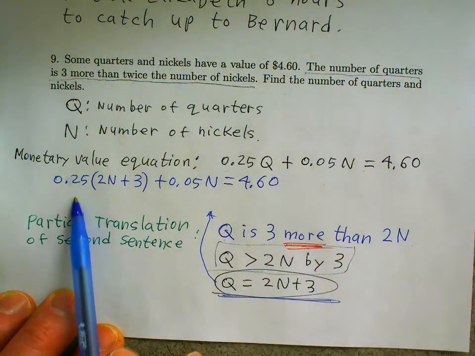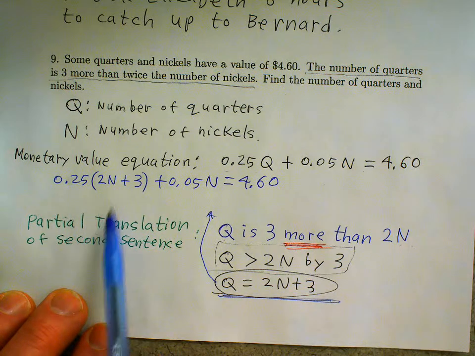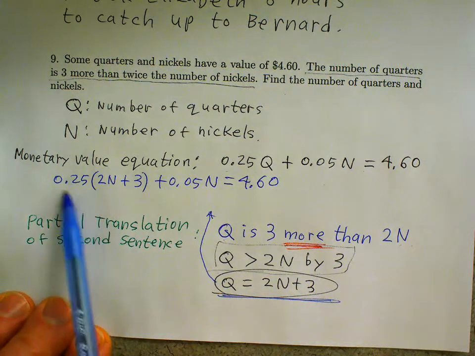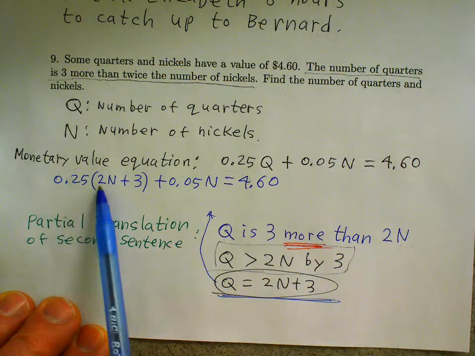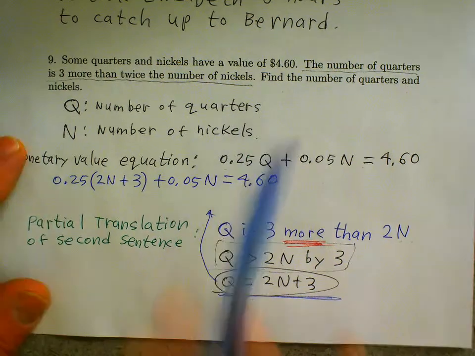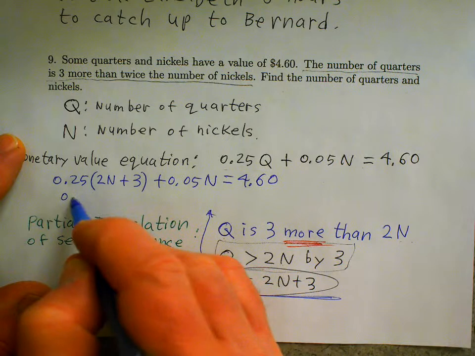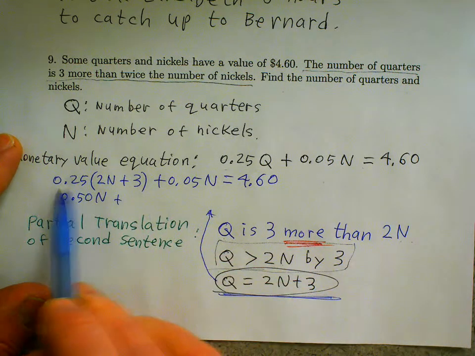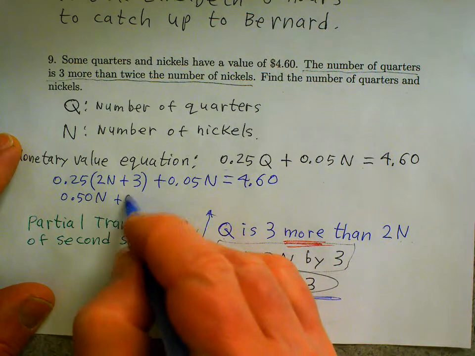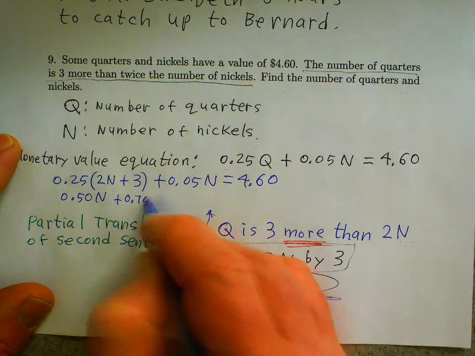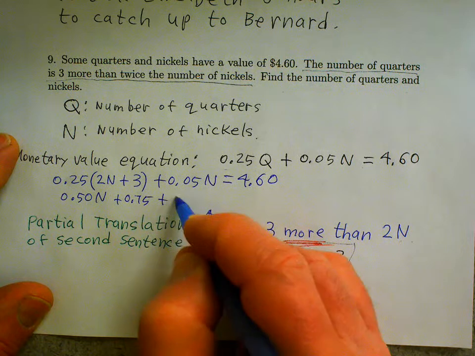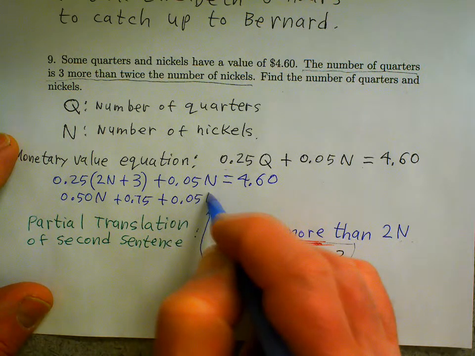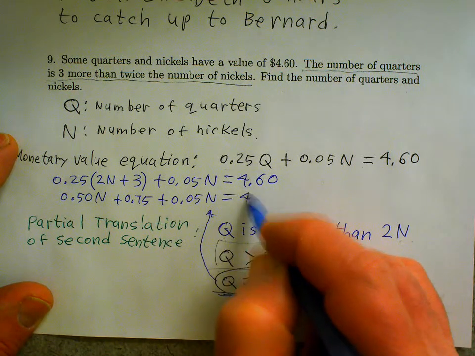And then we can solve this equation for N. 0.25 times 2N is 0.50N. And 0.25 times 3 is plus 0.75. And then plus 0.05N equals 4.60.